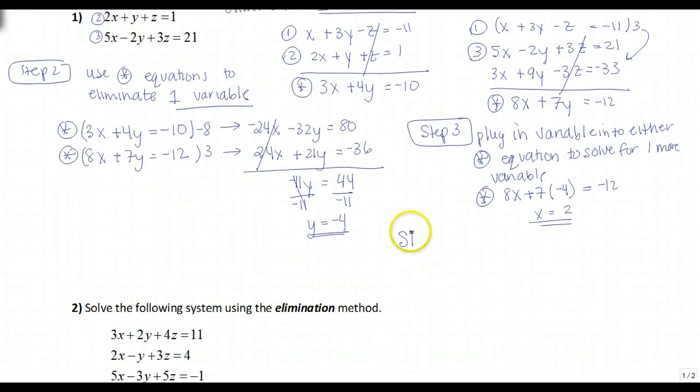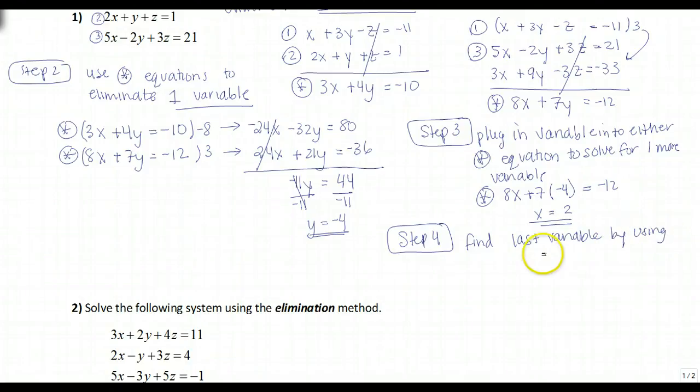We are moving right along to step 4. We're going to find the last variable by using any of the original equations.